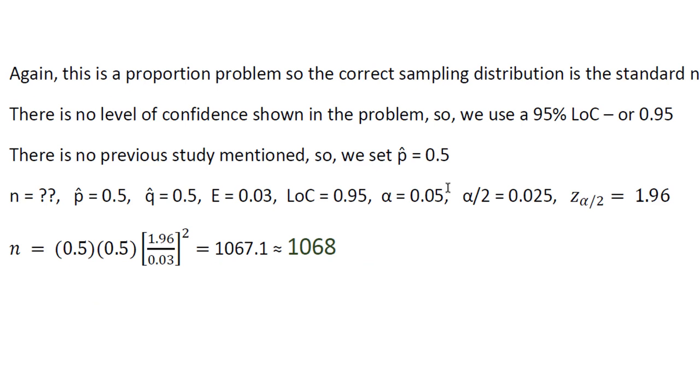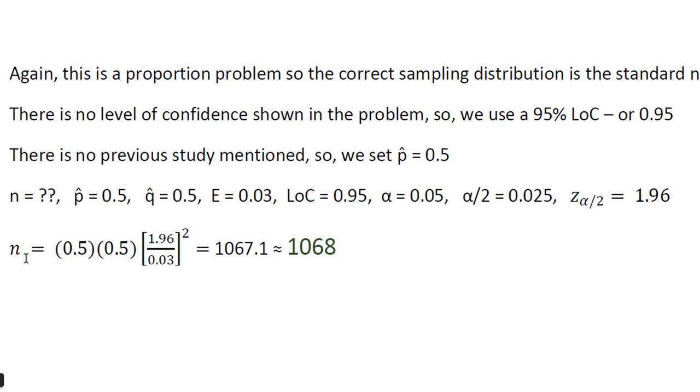Alpha is equal to 0.05. Alpha over 2 is 0.025, and z sub alpha over 2, using the norm.s.inv function, is equal to about 1.96.